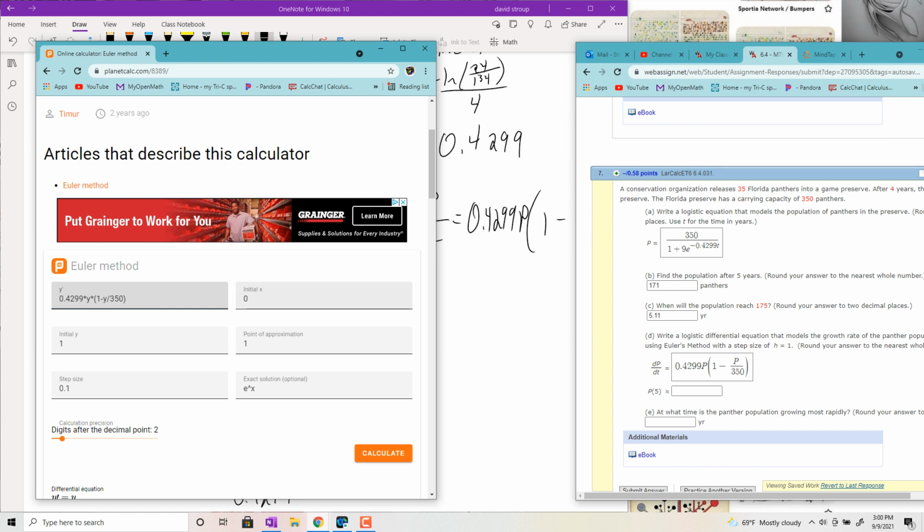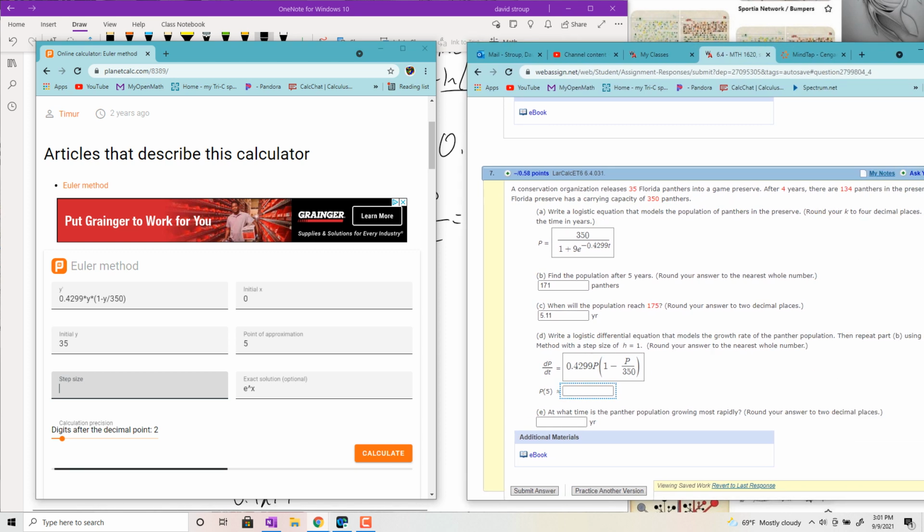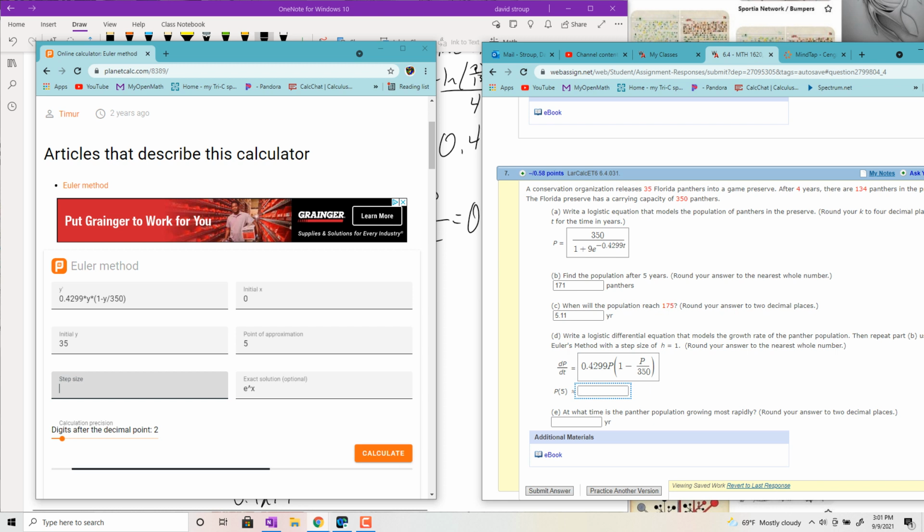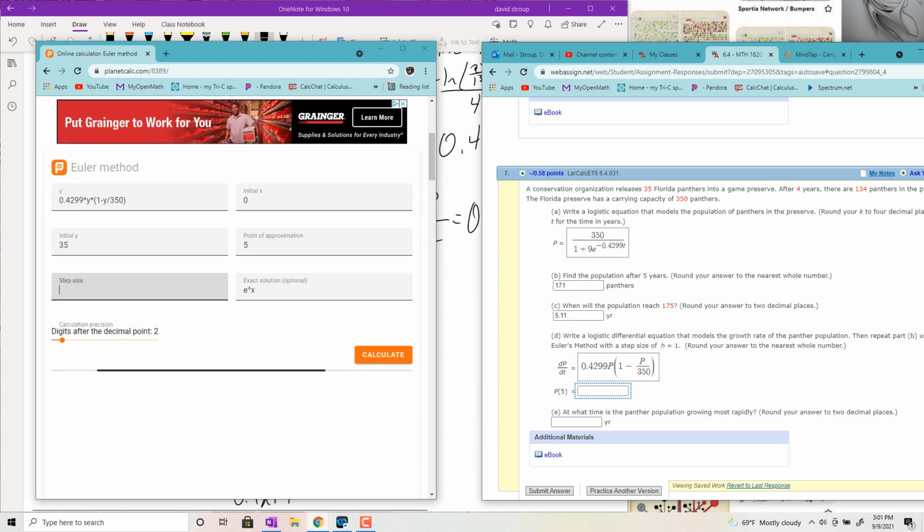The initial x, for our case t, is 0. The initial y is 35 for 35 Panthers. Point of approximation, we want 5 years. And the step size will go by ones. They tell you h is 1 in the question. And we want the nearest whole number in our approximation, and it's being a jerk. I killed it.